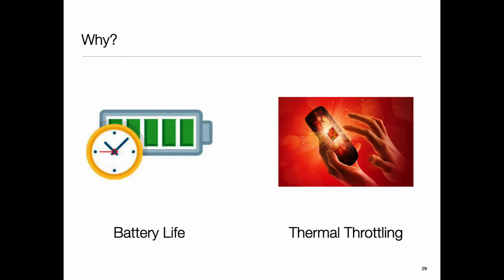At least for embedded devices, there are two reasons we worry about power and energy. One is battery life, and that's a complicated thing. Batteries are rechargeable, so you can think in terms of how much time before we recharge. And the other one is thermal issues, which is things getting too hot.